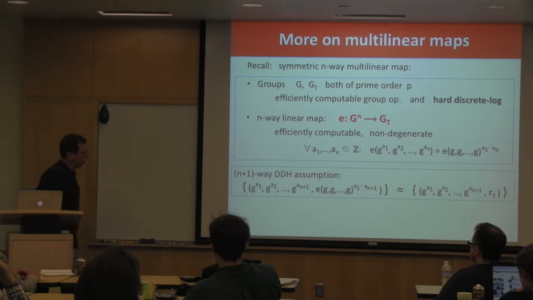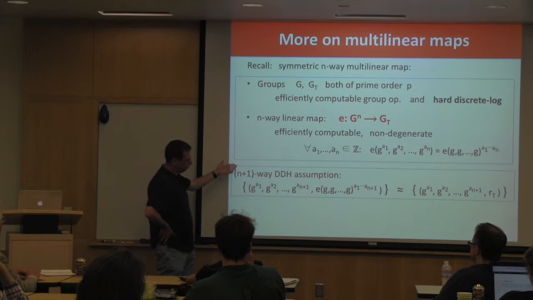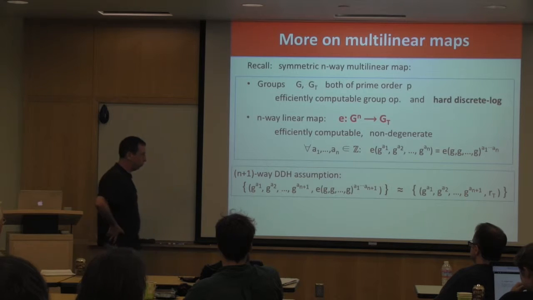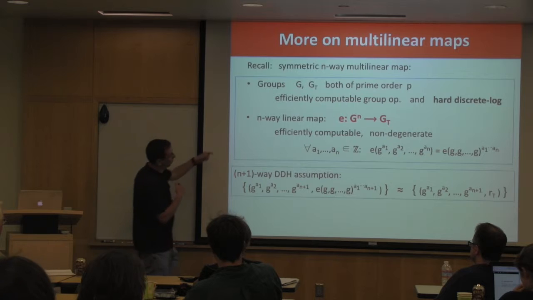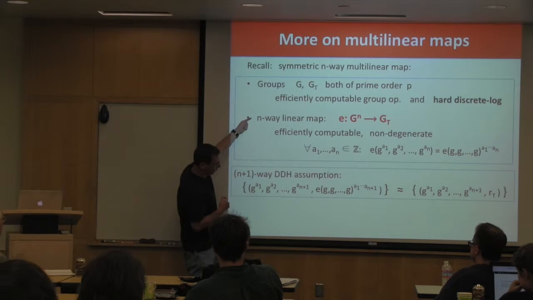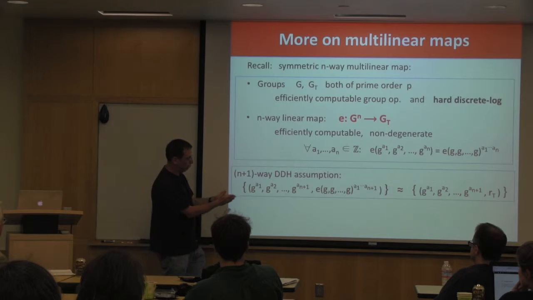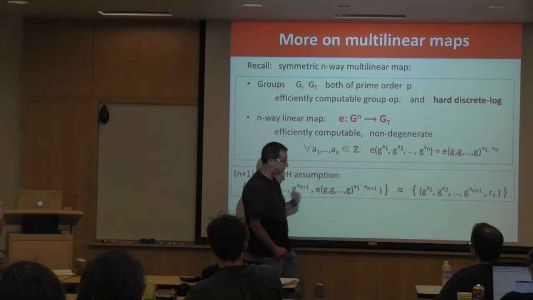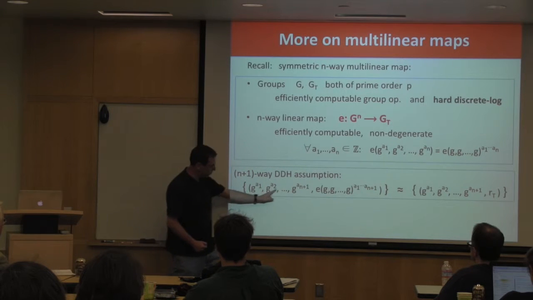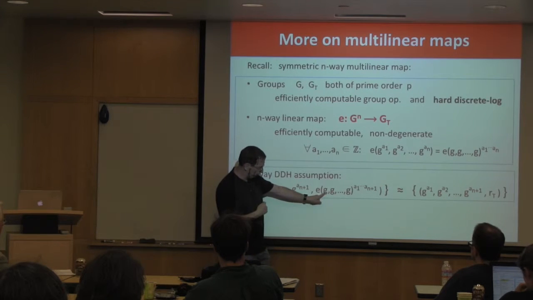There are standard assumptions that we can make about multilinear maps. One assumption is what's called the n plus one way decision Diffie-Hellman problem: given an n-way multilinear map, you cannot compute an n plus one product, a product of n plus one elements in the exponent. If I give you n plus one exponents and you had an n plus one way map, you could compute this thing.